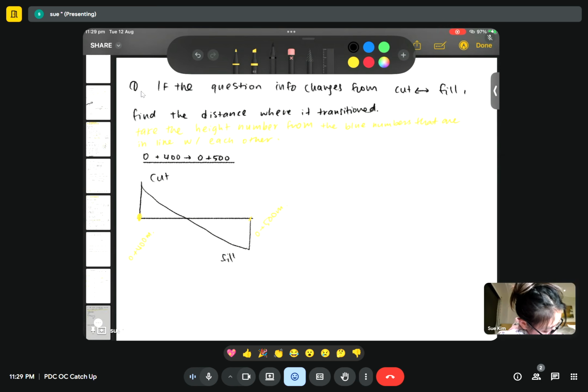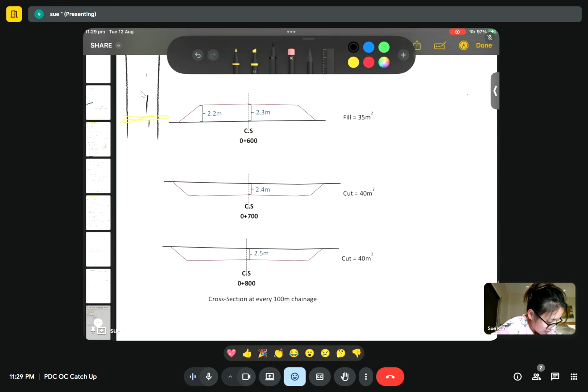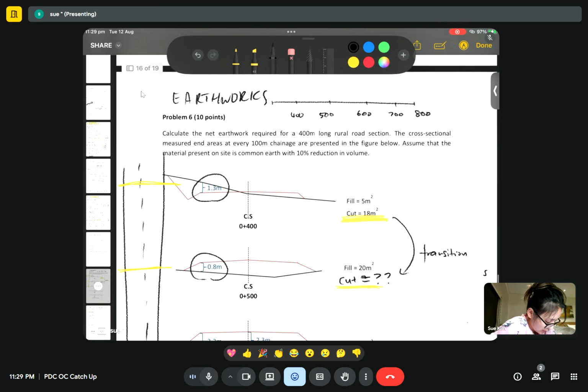And then I'm going to label this as x, which is like the distance from 400 chainage where it transitions. And then since the cross sections are 100 meters apart, I'm going to do 100 minus x for the other side. And then I'm going to label these height values as well. And where do these height values come from? They come from these numbers here, which are on top of each other.